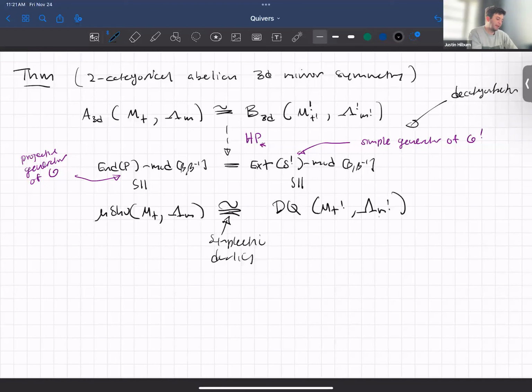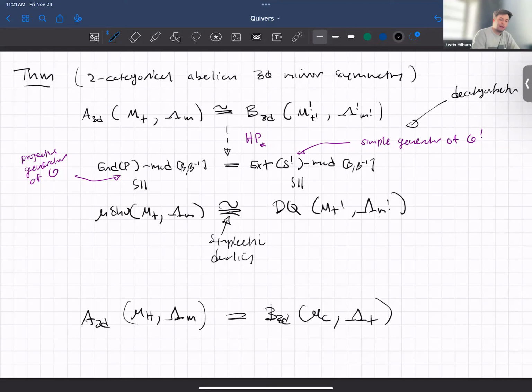So okay, here's the part where I erase something. You could say that this thing is like MH with the Lagrangian corresponding to your mass parameter. And you could look at the A3D and B3D of the Coulomb branch with the mass parameter determined by the Fi.